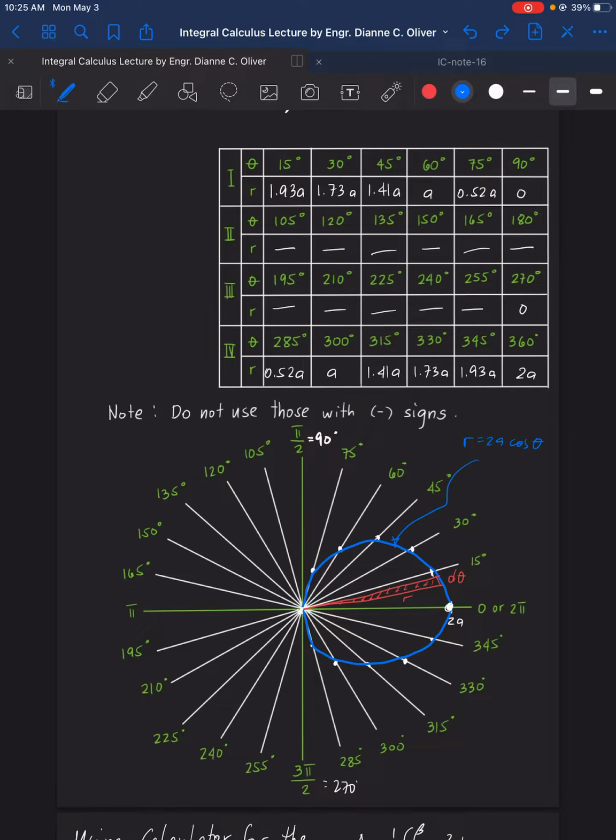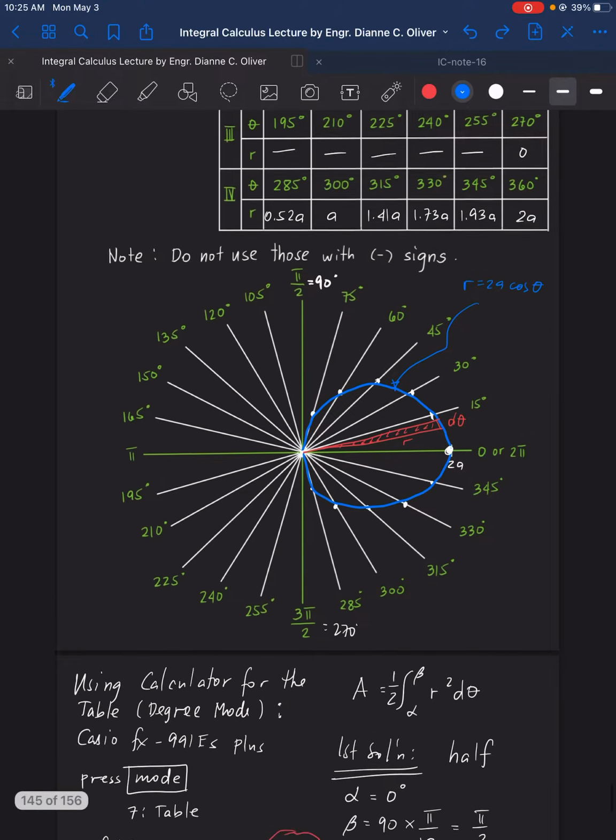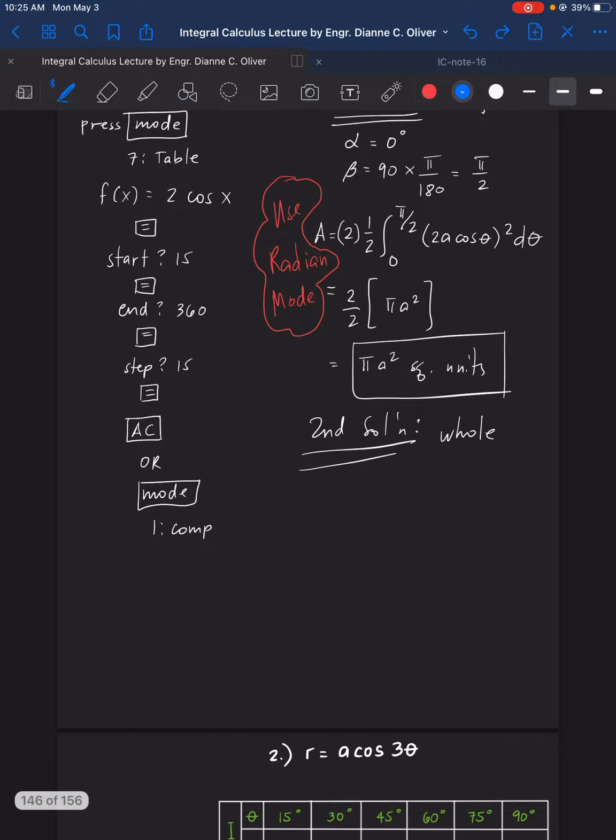So we will start at 270 degrees, then close at 90 degrees. So we have here alpha at 270 degrees, because that's where the 0 is. That's where it closed. So 270, this is 3 pi over 2.